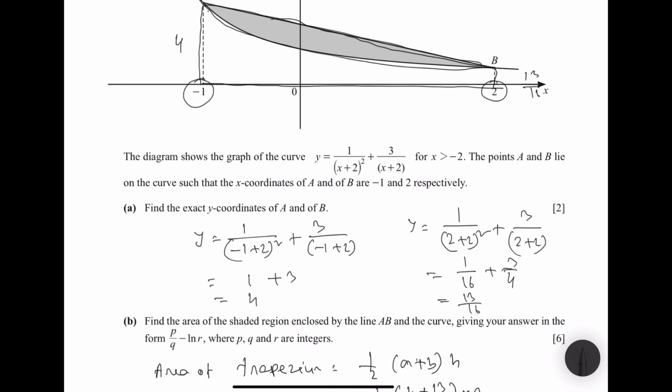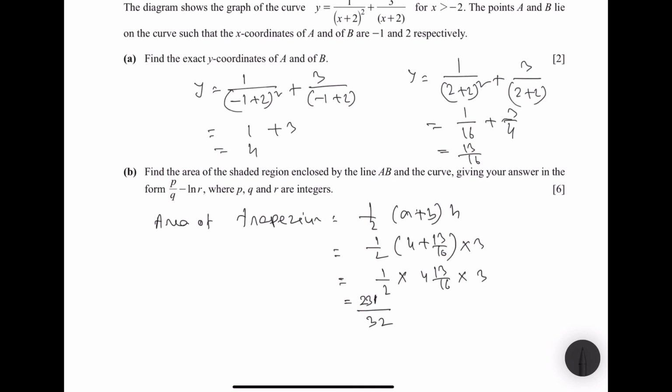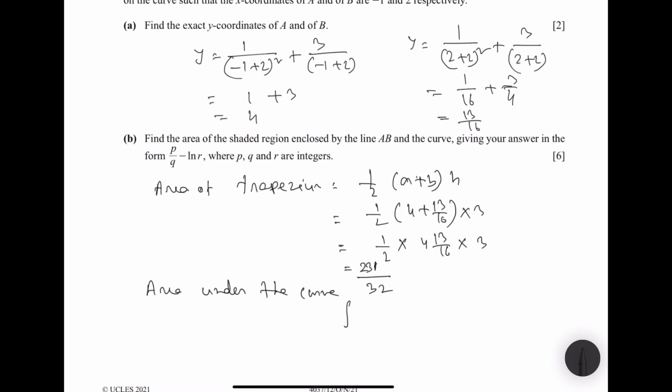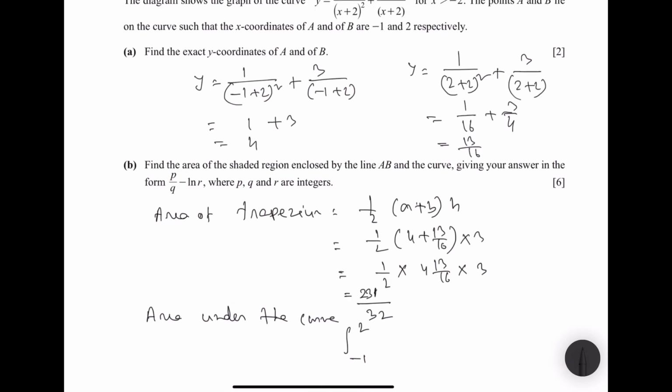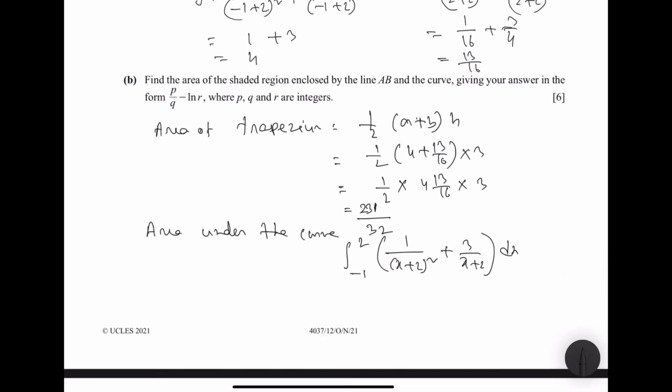Now the area under the curve will be, we will integrate, the integration from minus 1 to 2, and the expression will be 1 by (x plus 2) whole square plus 3 by (x plus 2) dx.